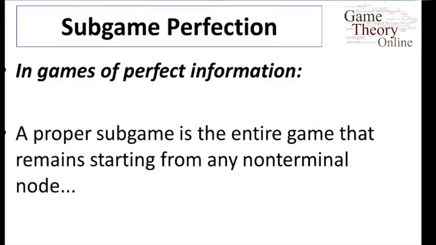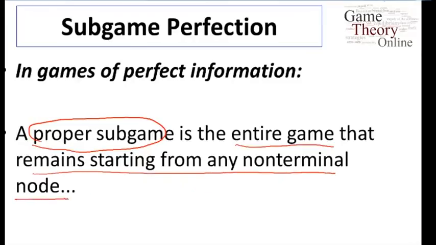In games of perfect information, a proper subgame is going to be the entire game that remains starting from any non-terminal node. So we look at a node that's not a terminal node, and if we start a game from that point onwards, then we have what's called a subgame.